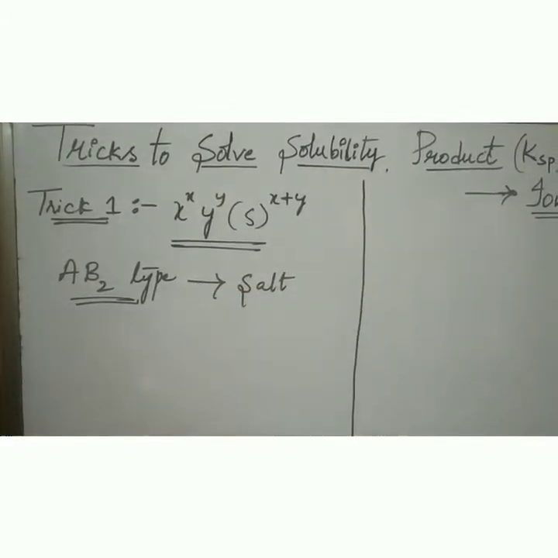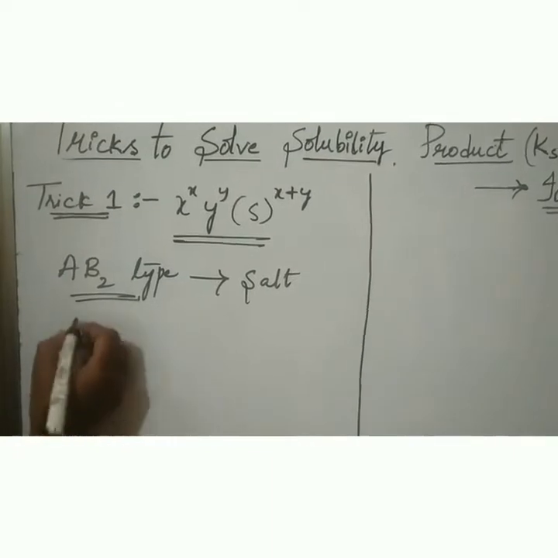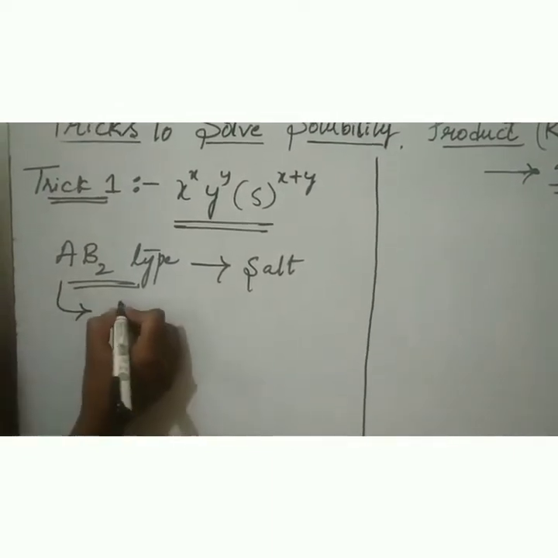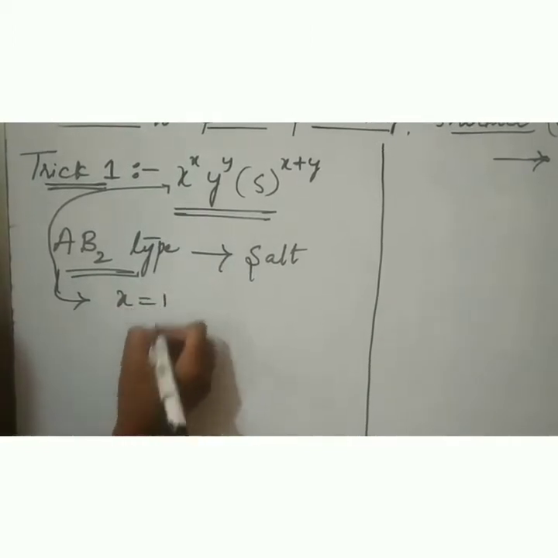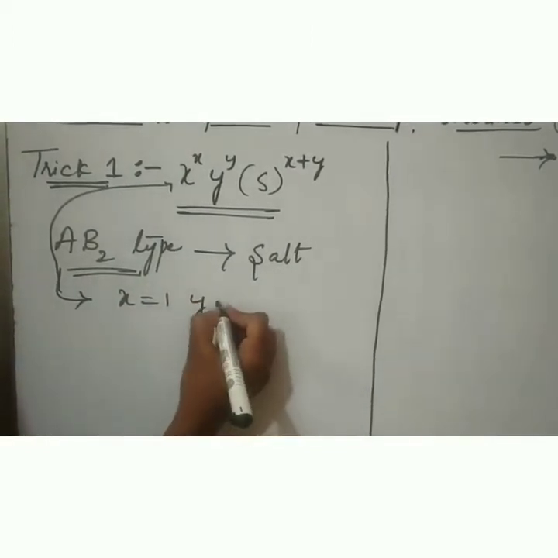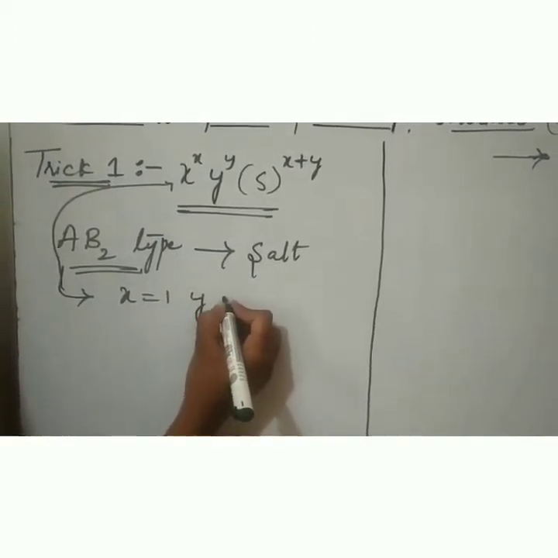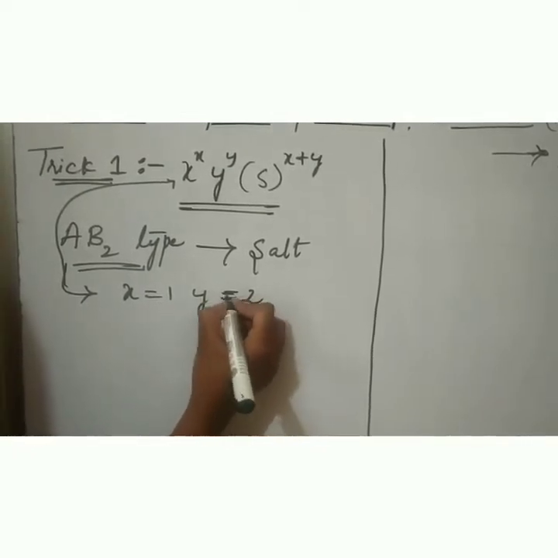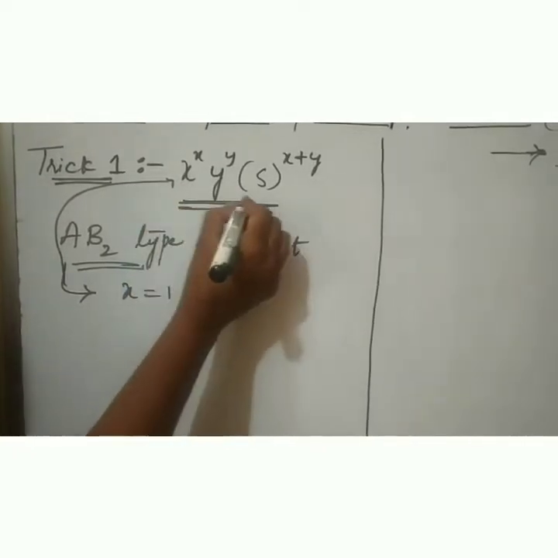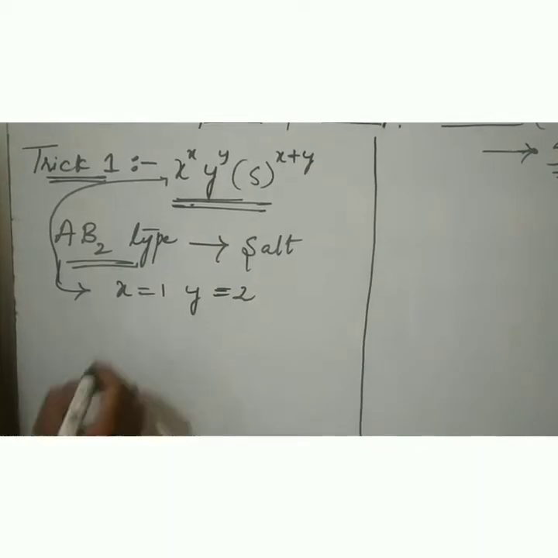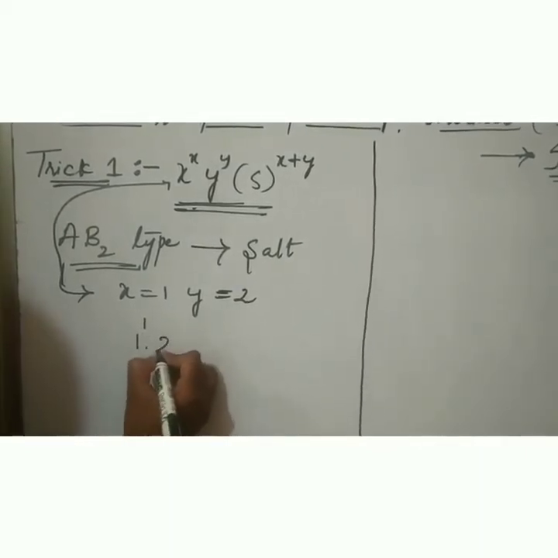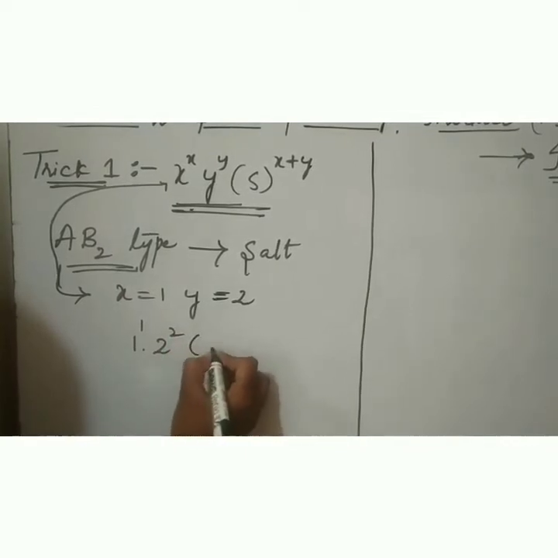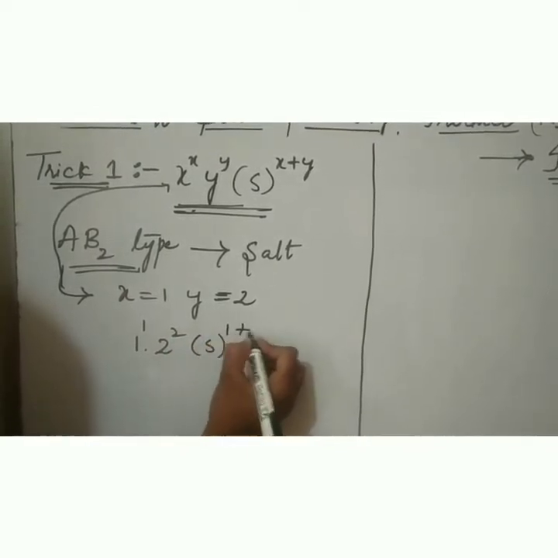Suppose substituting the values, if x is equal to 1 and y is equal to 2, then by substituting in this trick you get 1 raised to 1 into 2 raised to 2 into s raised to 1 plus 2.